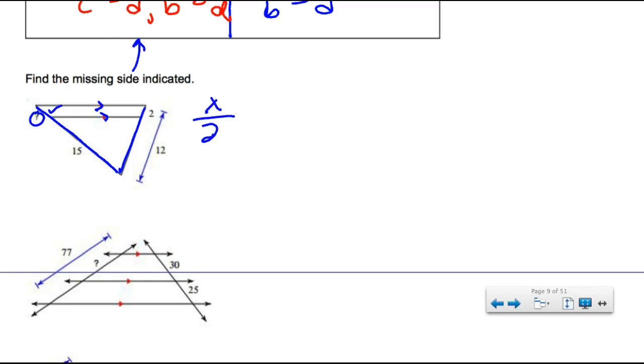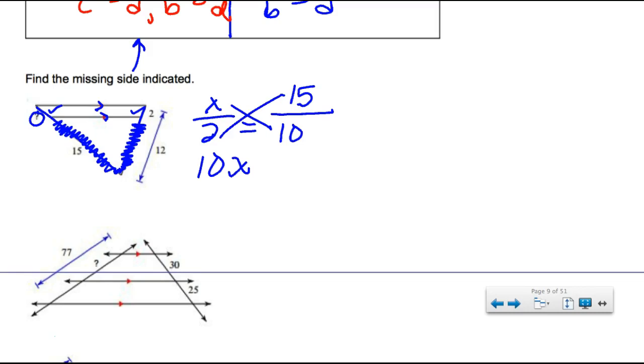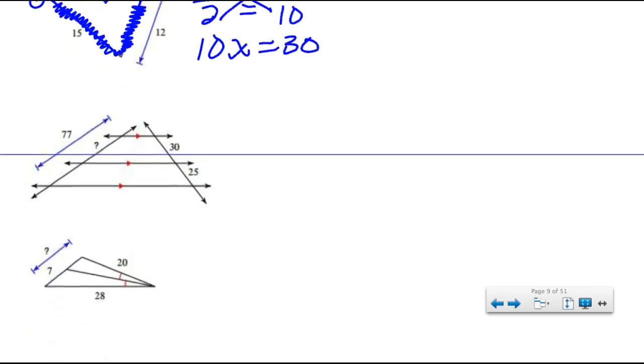So this little piece is to this little piece, exactly as 15 is to, and then I've got to be careful not to use the 12 because 15 is this piece. So I need to make sure I grab this piece over here. So I have to do 12 minus 2, which is 10. And then I can say 10x, cross multiply, is equal to 30, and x is equal to 3, and I'd be done.